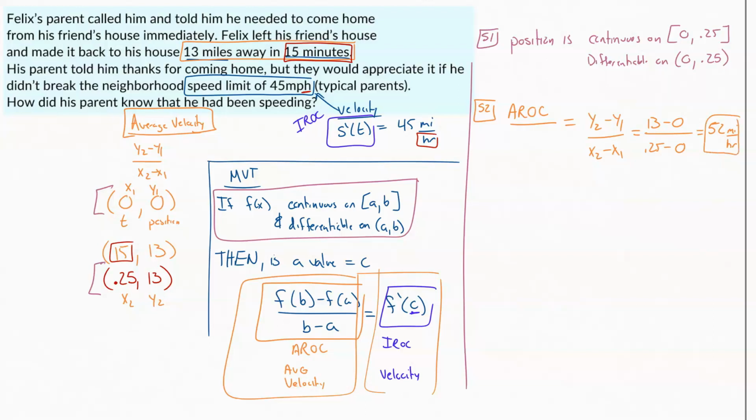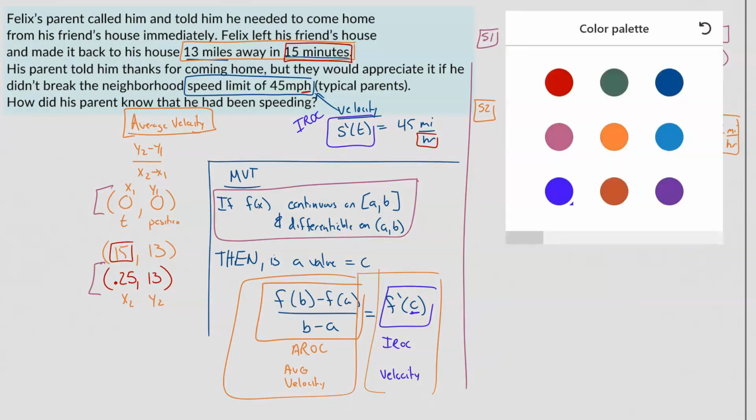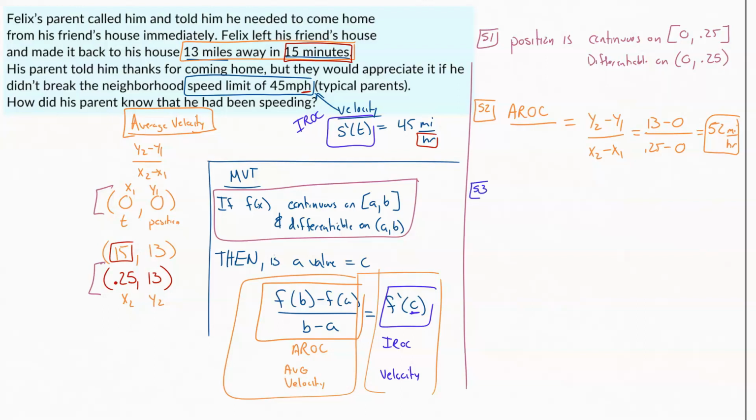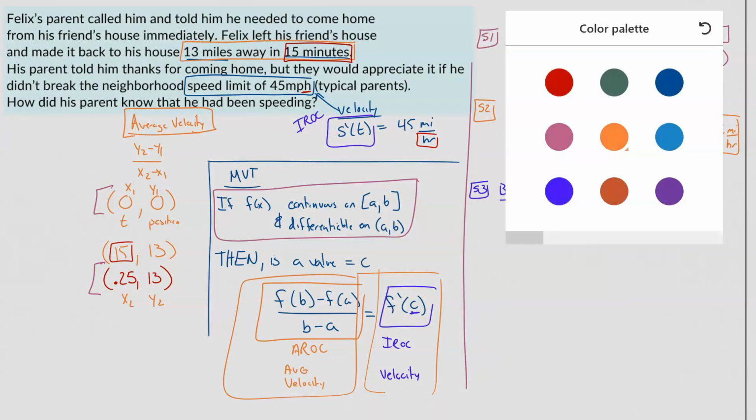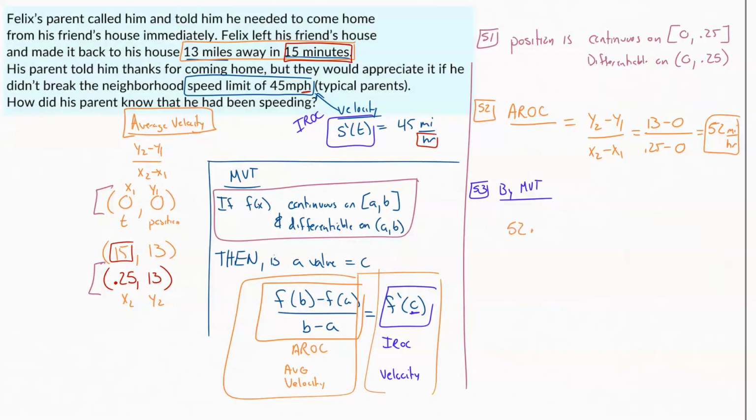Well, by the mean value theorem, we basically get our final conclusion here. By the mean value theorem, MVT, we know that that average rate of change, 52 miles per hour, somewhere in between there, it had to equal the instantaneous rate of change, which in this model is your velocity.